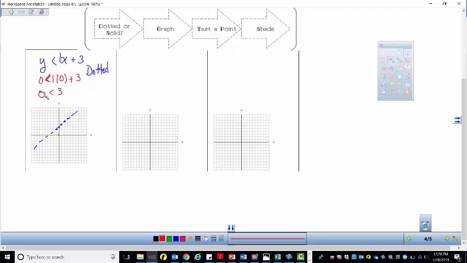And I have 0 is less than 3. Is that true or false? Is 0 smaller than 3? That's true.